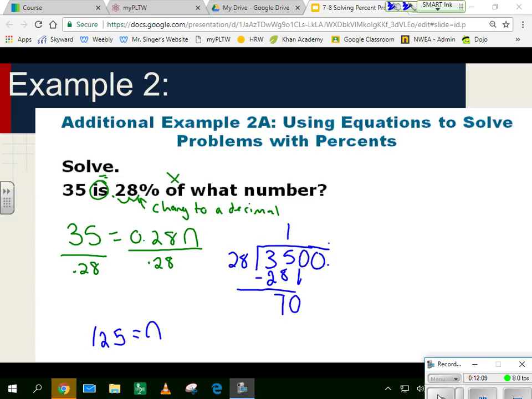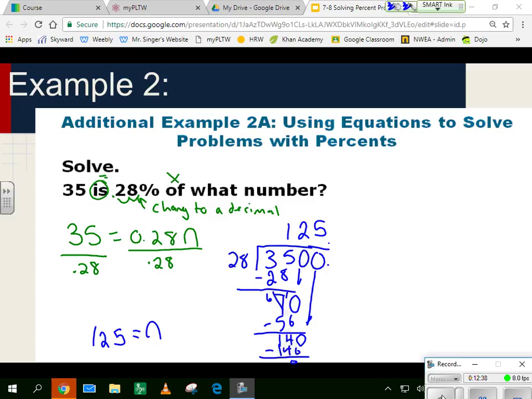And I found out that 28 goes into 70 twice. And 28 times 2 is 56. And when I went through this, I found that I had to borrow here to make that a 6. I got 14 left. And then when I brought down the 0, I saw that 28 goes into 140 evenly 5 times. So I had no remainder. Okay, so that helped me to figure this out.